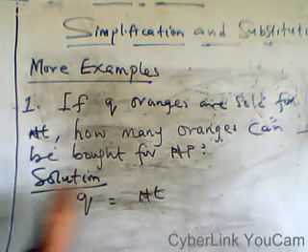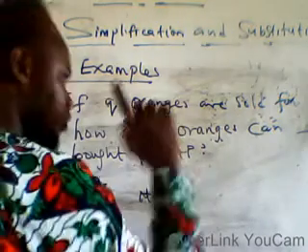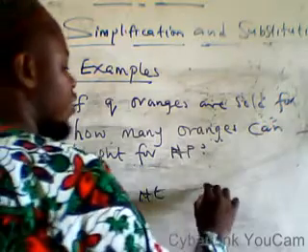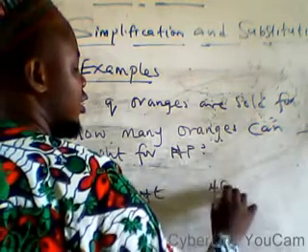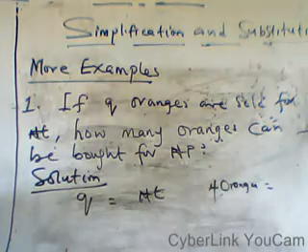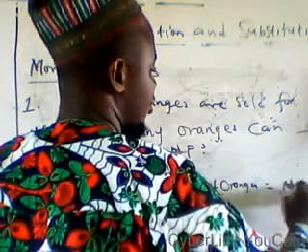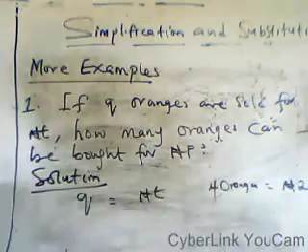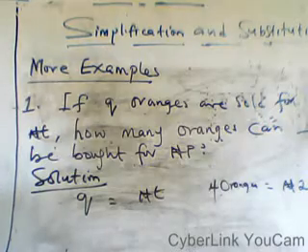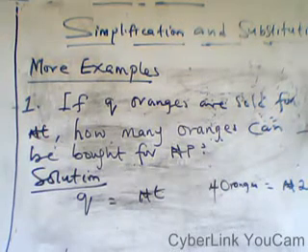Remove the Q and remove the T. Let's say from the first one that we did, we have 4 oranges, but for, let's say, 28 naira. 4 oranges bought for 28 naira.